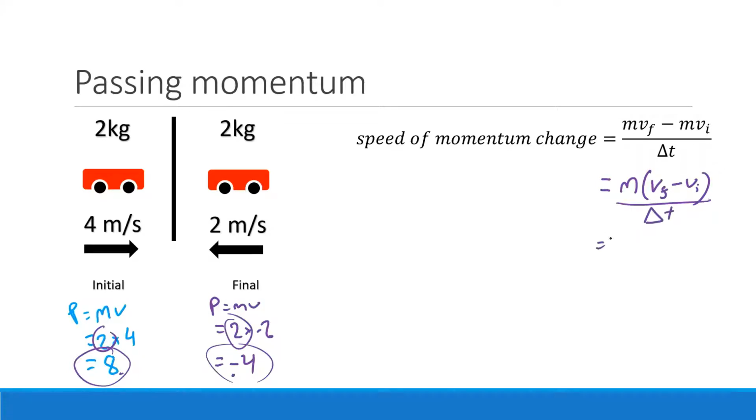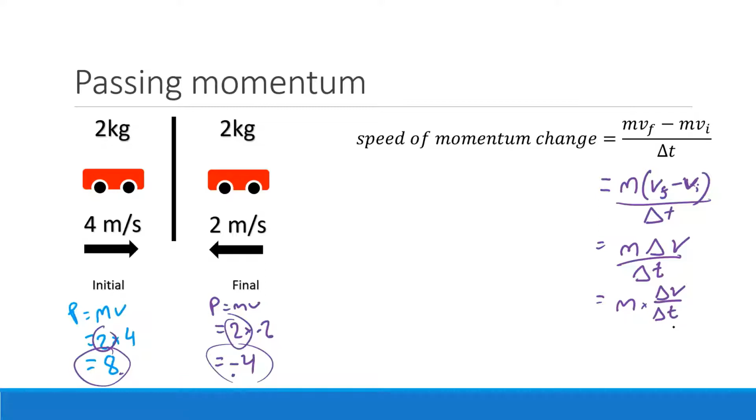Instead of going final speed minus initial speed, let's just go mass times the change in speed, delta v over delta t. Let's just take mass out of the whole thing altogether: mass times delta v over delta t.